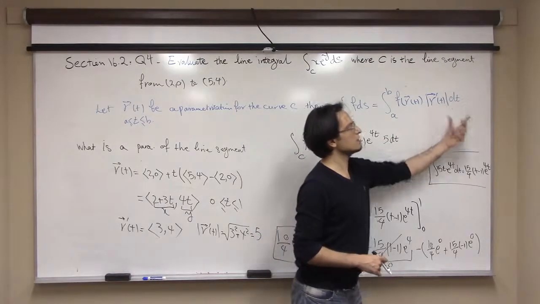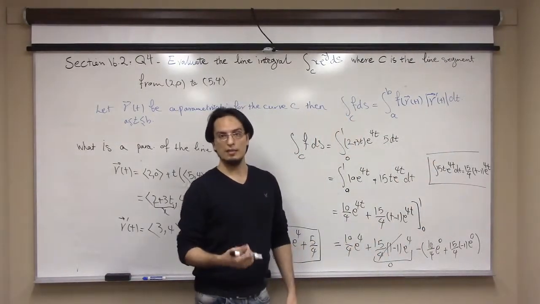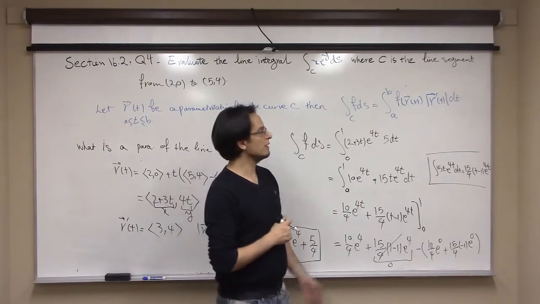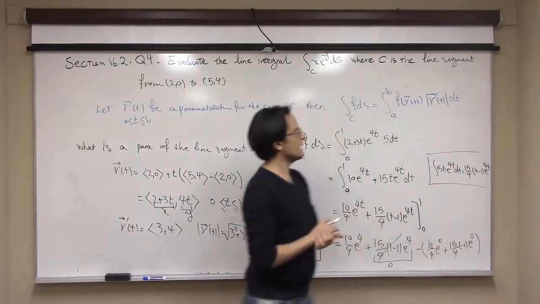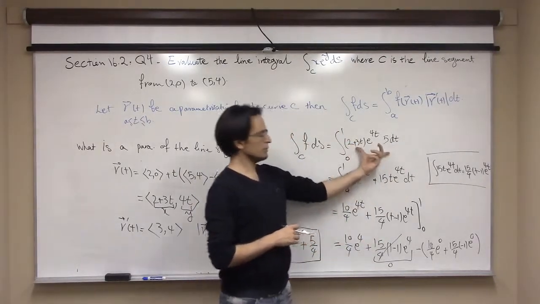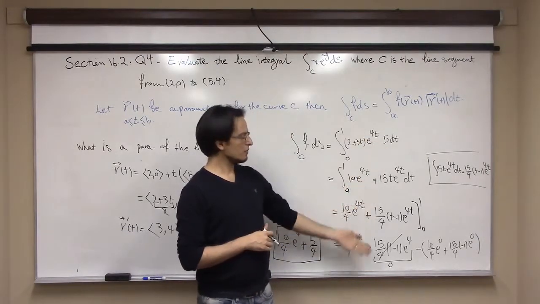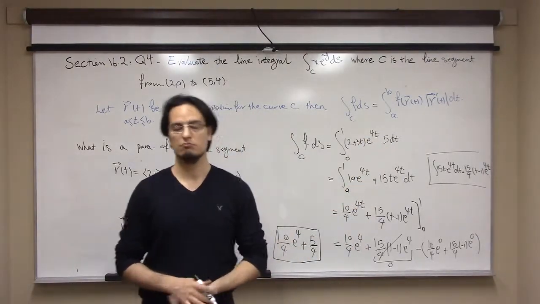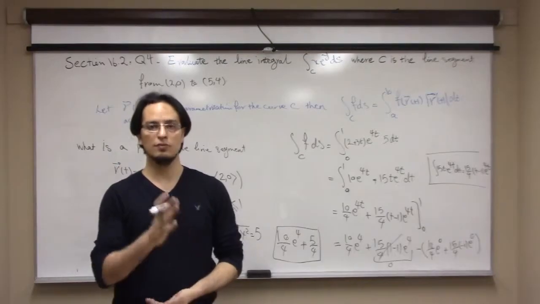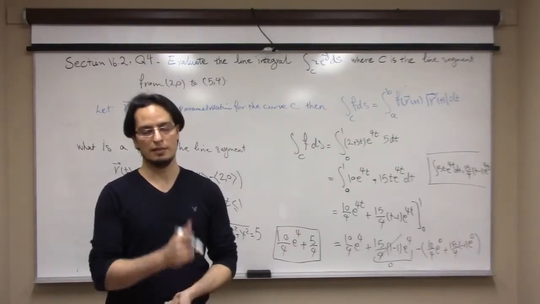Third step is find your line element, or integral element, in terms of your parameter. When you do that, which we did here, then the remaining was just regular integration. You just do regular integration, the fundamental theorem of calculus, and that's it.